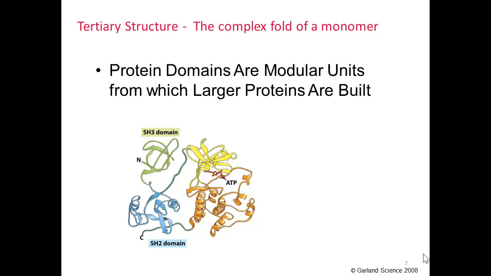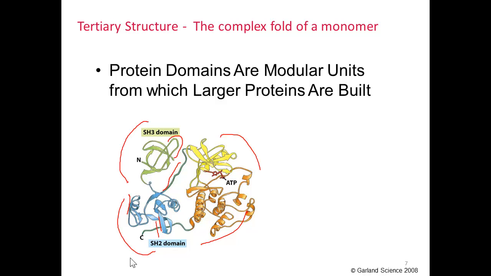Moving up a level of organization is the tertiary structure, and this is the complex final fold of a monomer subunit, where that includes all the alpha helices, all the beta sheets, the way the various domains, sort of sections of proteins, fold next to each other, and also disordered regions that are just sort of random loops or linker regions.